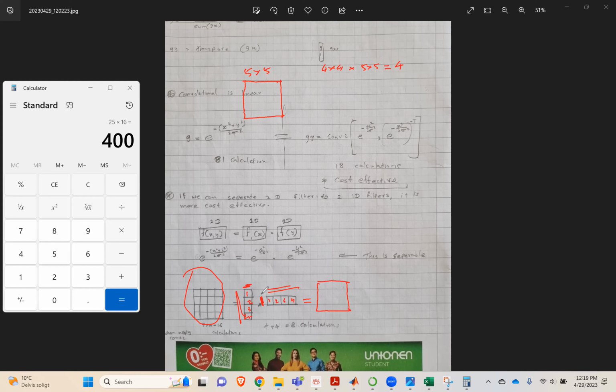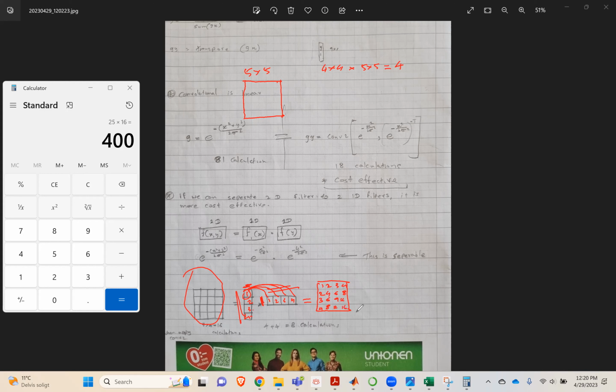So you multiply 1 with 1, 1 with 2, 1 with 3, 1 with 4. You get 1, 2, 3, 4 here, and here you should get 2, 4, 6, 8. Then 3, 6, 9, 12. And last you will get 4, 8, 12, 16.